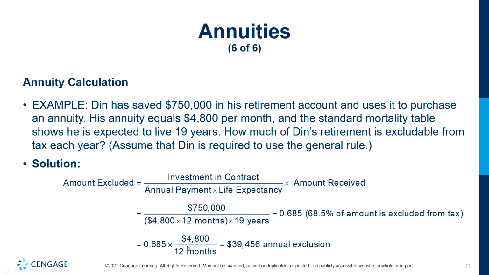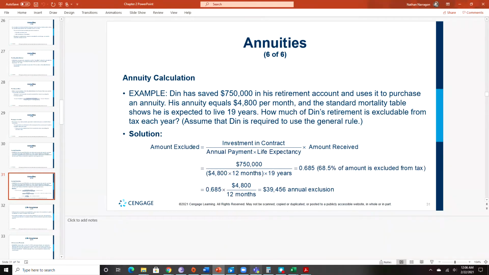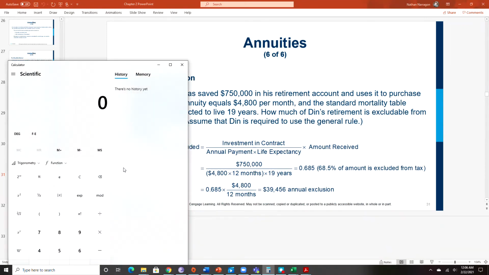I got a question there. Yeah, that's probably going to be right. Let's check our calculator, just to make sure. Okay, so we have 0.685 multiplied by 4,800 divided by 12.